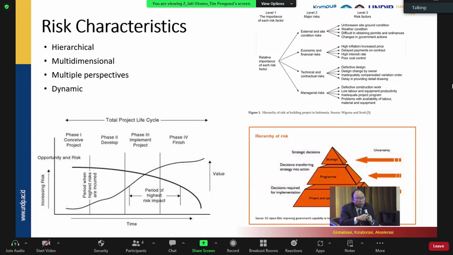And on the right-hand side, we can see the hierarchy of the risk, where the more strategic the decision, the more uncertainty that we can have for a project. The risk also is characterized as multidimensional, multiple perspective, and dynamic. It means that the risk might change during the project life cycle.